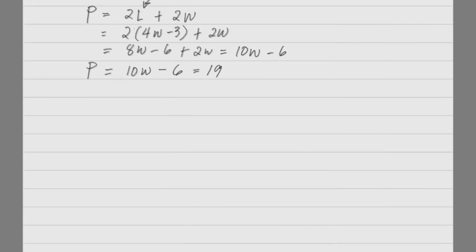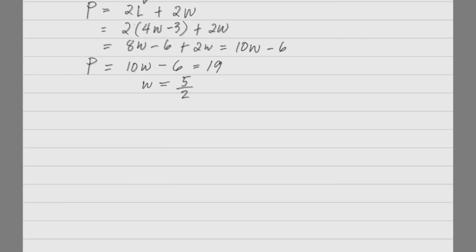And then, if you can transpose quickly, or if you can operate in your minds, you can just get your answer for W to be 5/2. So, the value is already correct.